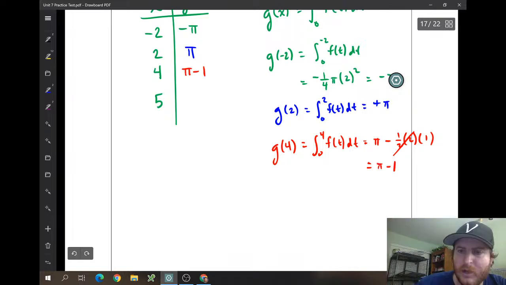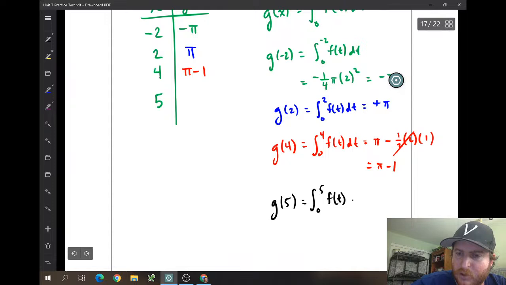And then for 5, we're going to do g of 5 equals the integral from 0 to 5 of f of t dt. Again, we don't have to keep showing work that we've already done. We already know that this whole red section, everything up to here, was pi minus 1.